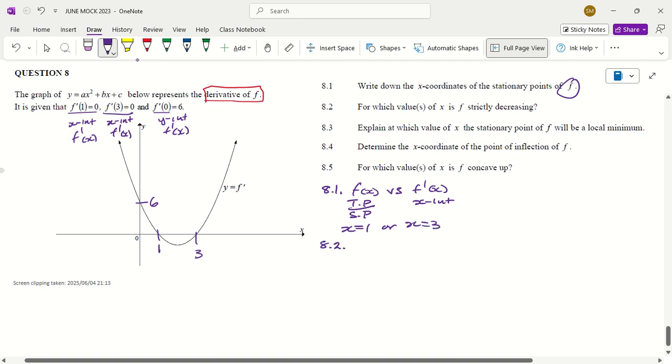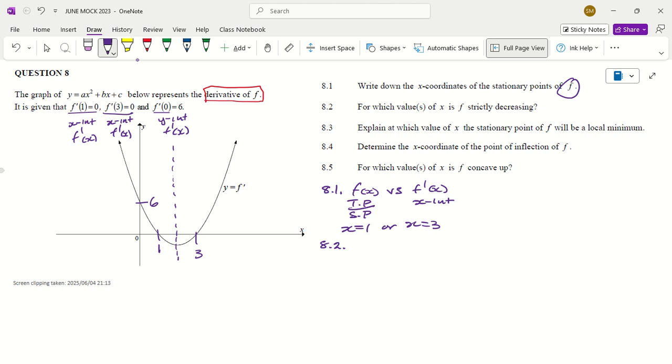Very simple. Then 8.2, for which values of x is f strictly decreasing. Now if we look at the function of the derivative, let me just create a symmetry. The symmetry here is this point here.